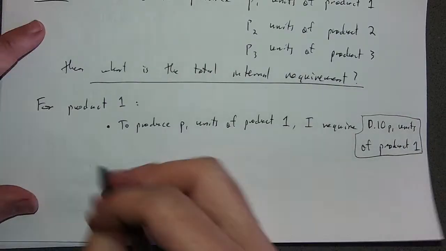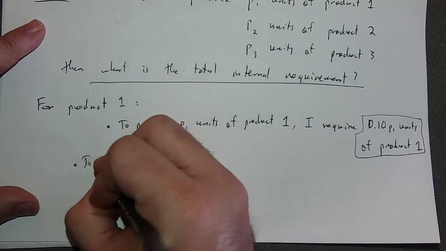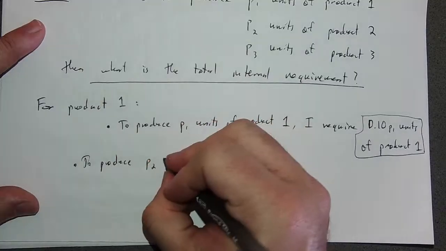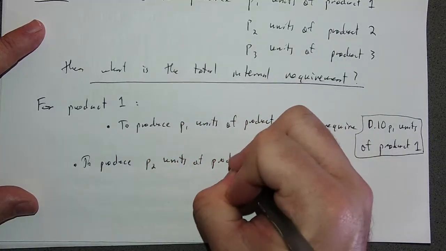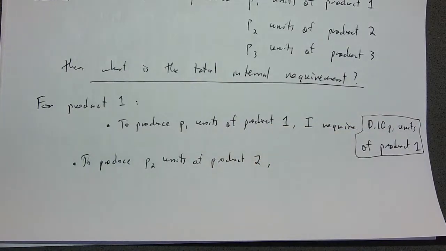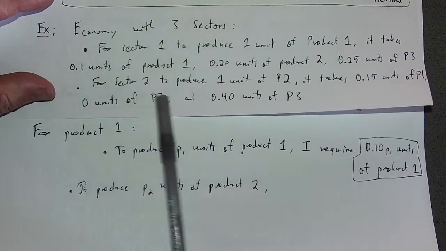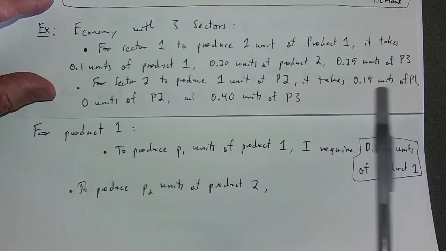Okay. What about to produce P2 units of product 2? How much product 1 do I need? I'm going back to this statement. For sector 2 to produce 1 unit of product 2, it takes 0.15 units of product 1.